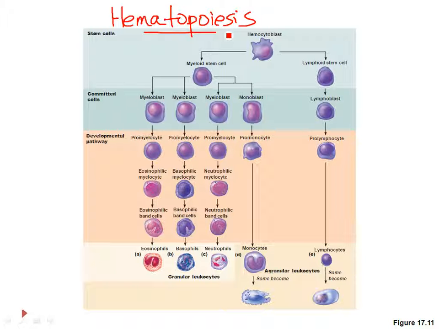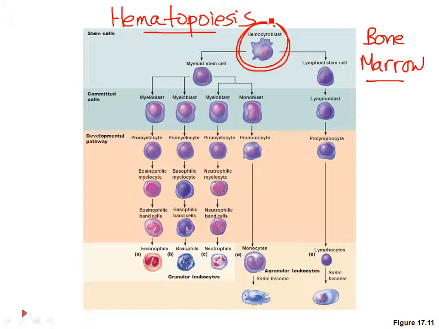You have hopefully learned by now that all of your blood cells originate or develop in the bone marrow, and they all develop from a common type of stem cell, which is an immature, unspecialized blood cell called a hemocytoblast. So all of your blood cells, red blood cells, white blood cells, all those different types, plus your platelets, are derived from these hemocytoblasts that are present in your bone marrow.